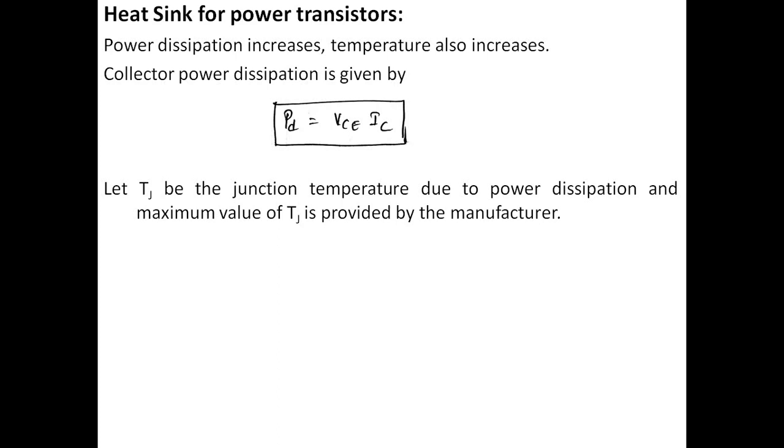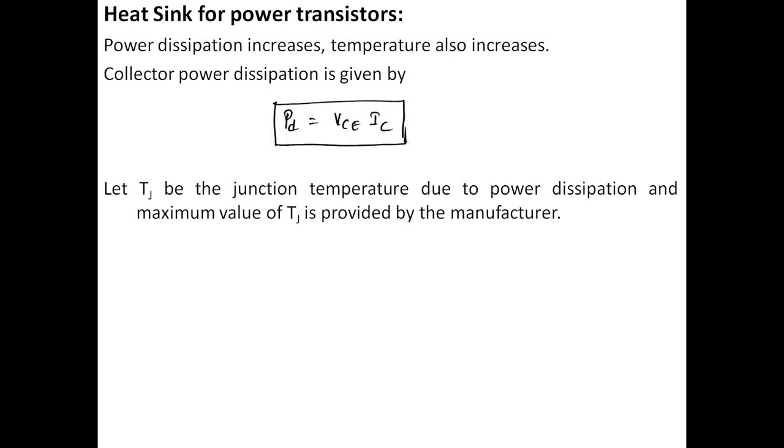If there is power dissipation, what is the temperature existing at the junction of the transistor, let us say the power transistor? That's what we normally call Tj, and its maximum value is always provided by the manufacturer. The reason is the maximum temperature withstanding capability of the transistor, based on the type of doping.